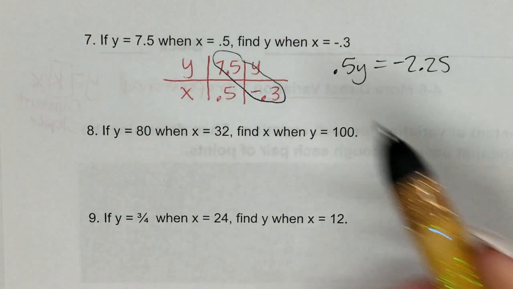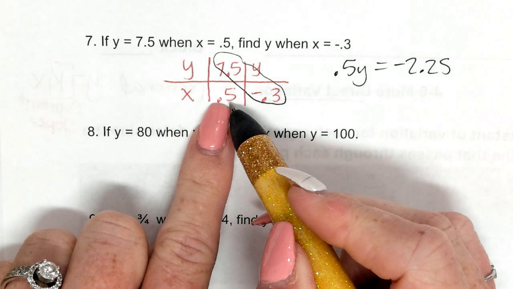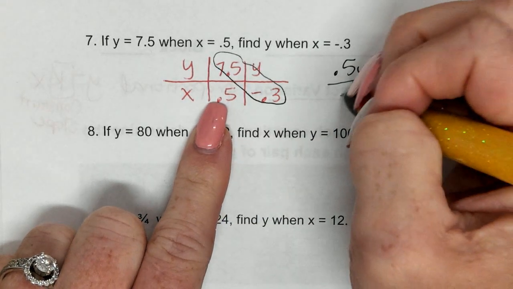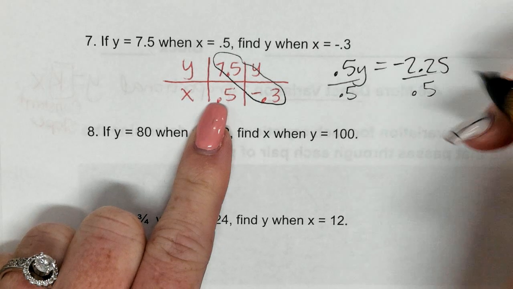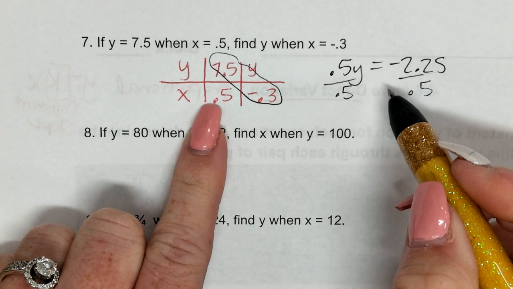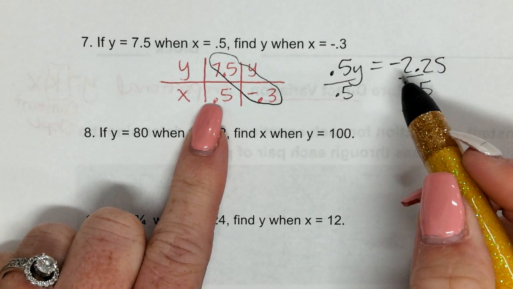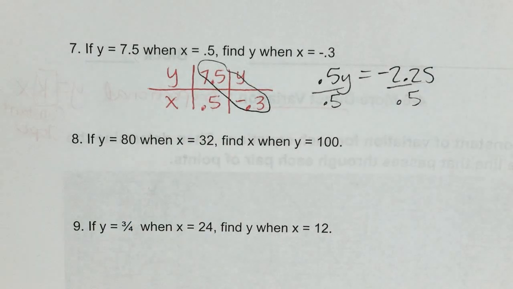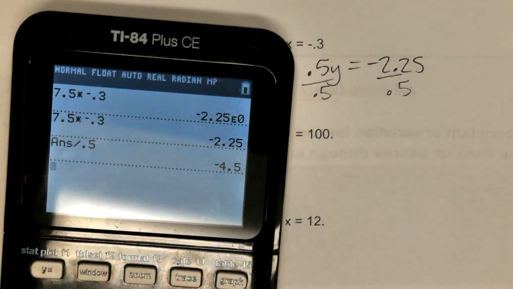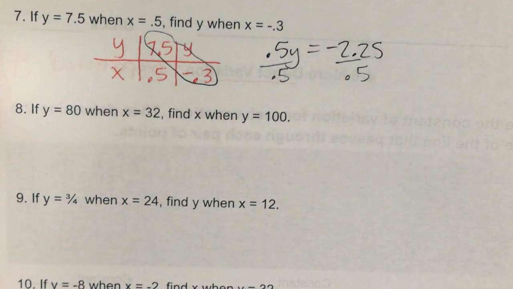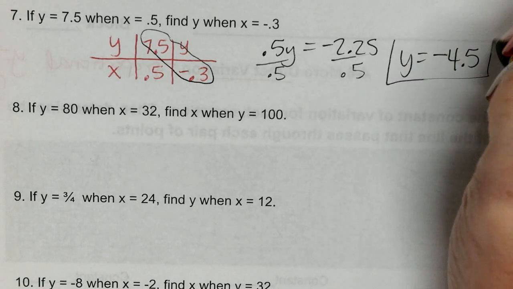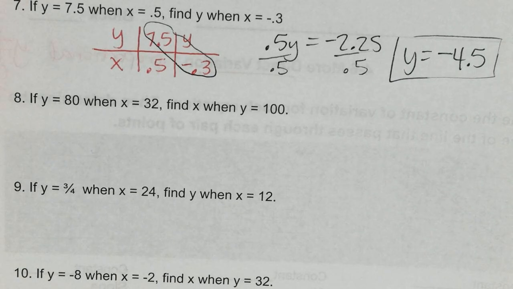So you see how you're really just cross multiplying and then you're going to end up dividing by 0.5 in the equation, right? So I'm going to divide by 0.5. If you don't want to show this step, you really don't have to. I just want you to understand what you're actually doing. You're making an equation. So negative 2.25 divided by 0.5 is negative 4.5. And that's the answer.